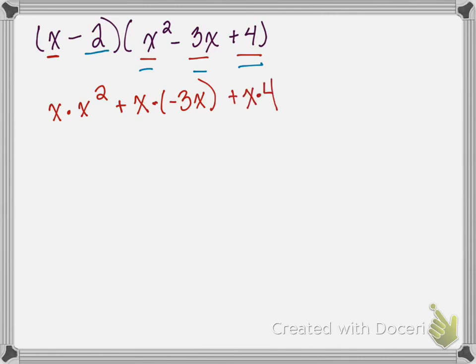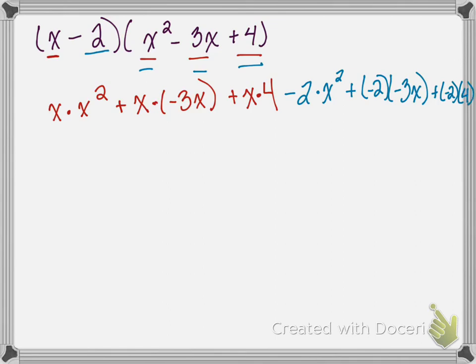And so what I've just done is I have taken the x and multiplied it by everything in the trinomial. Now I'm going to take the -2. So I'm going to say -2 times x squared. Then I have -2 times -3x. And then I have -2 times 4.